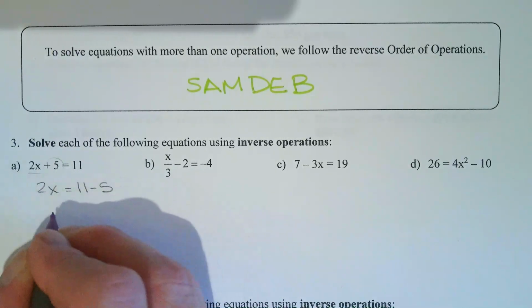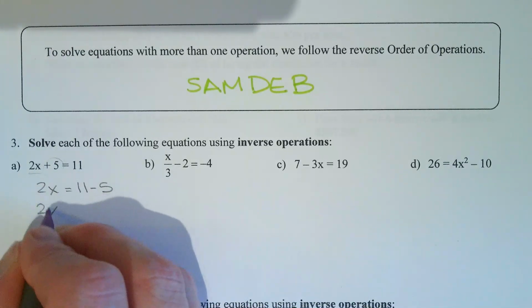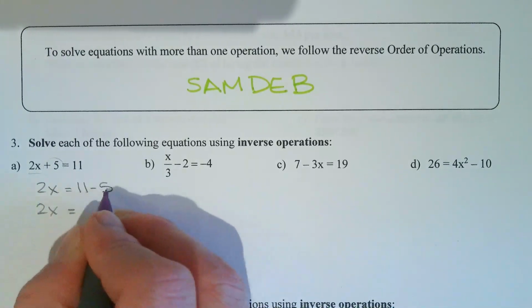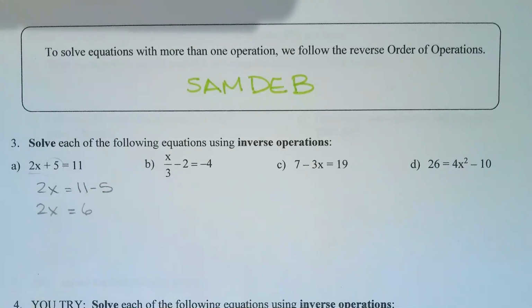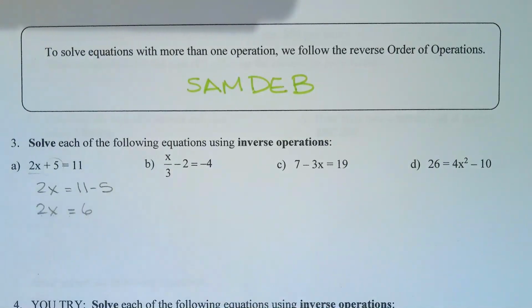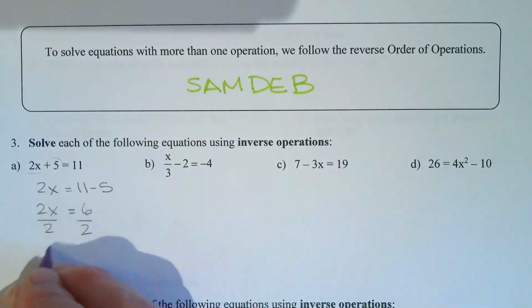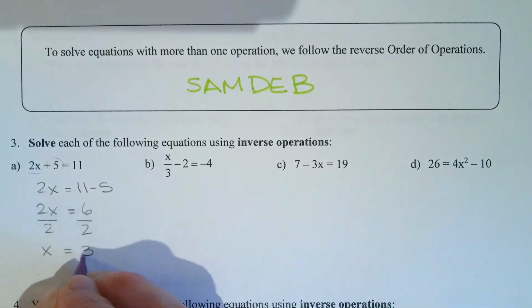When I subtract it from this side, I'm going to find out what the answer is. So now I have 2x is equal to 11 minus 5, or 2x is equal to 6. Now I have 2x is equal to 6, but I want to find out about 1x. So I'm going to divide both sides by 2, and so x is equal to 3.